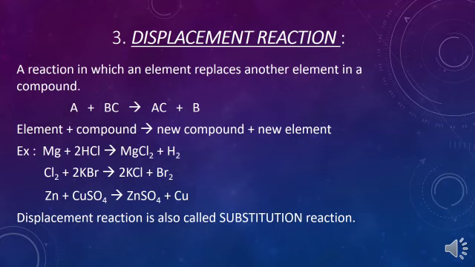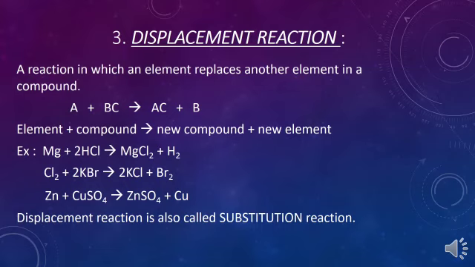Number 3, displacement reaction. What is displacement reaction? A reaction in which an element replaces another element in a compound. Here the formula is A plus BC gives AC plus B. Here A is an element and BC is a compound which gives rise to AC, a new compound, and B as a new element.